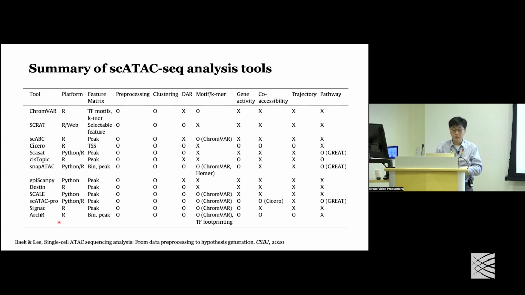ArchR has an excellent doublet detection algorithm implemented. SnapATAC is implemented in Python. It's extremely fast, and we actually use it. cisTopic is known to produce really robust clustering results, so this one is also used quite often by many people.